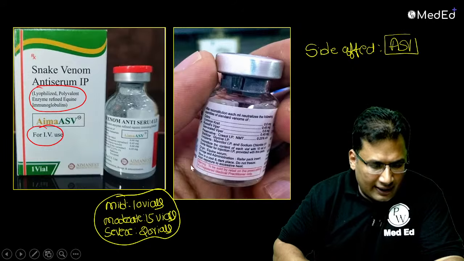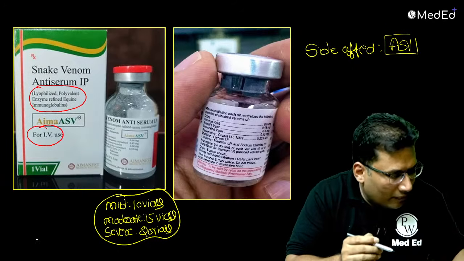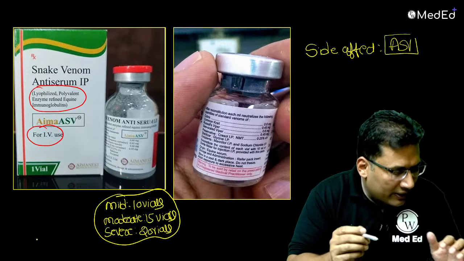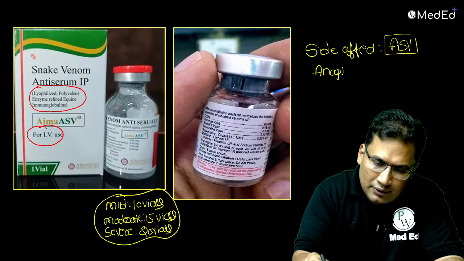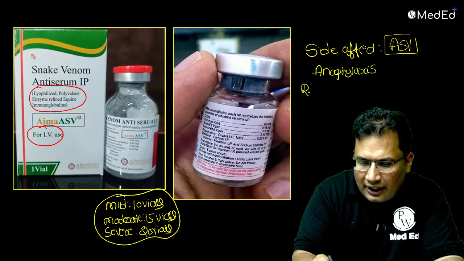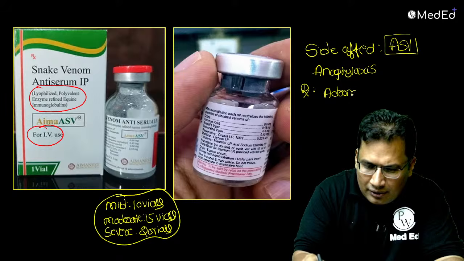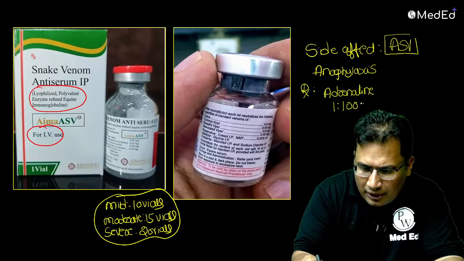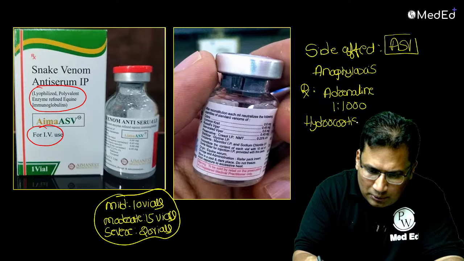The most common side effect, can anyone try? What is the most common side effect? The most common side effect is anaphylaxis. So the treatment of anaphylaxis is adrenaline, that is 1 in 1000, or in severe cases you can use hydrocortisone.